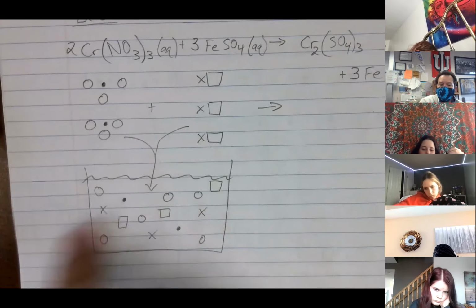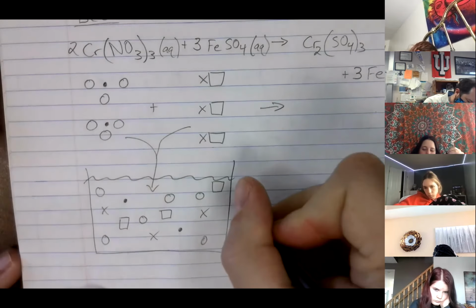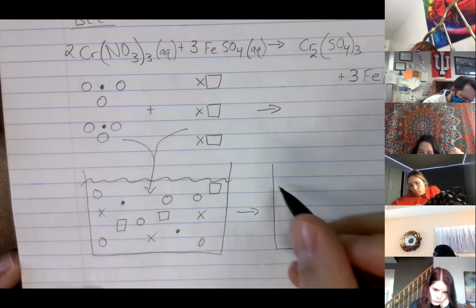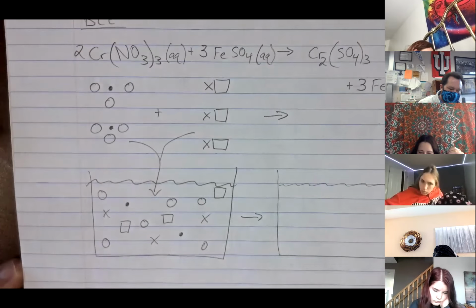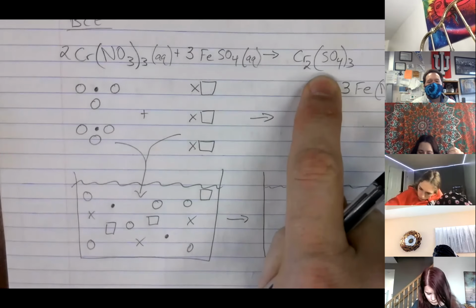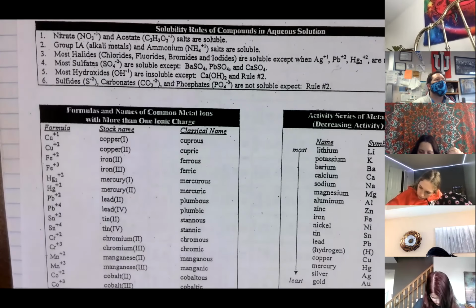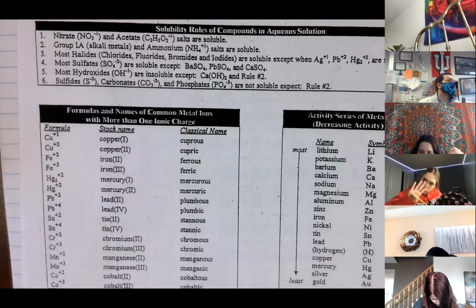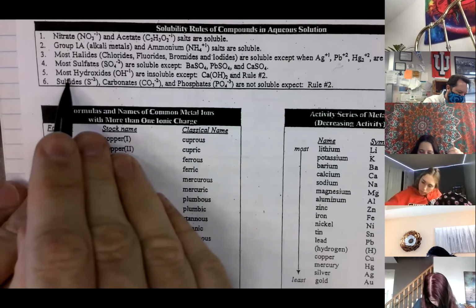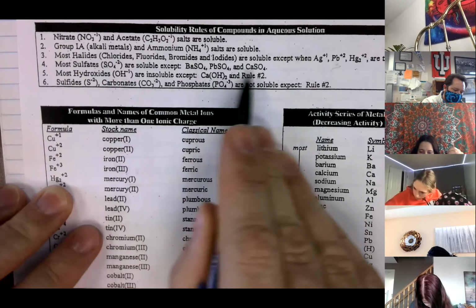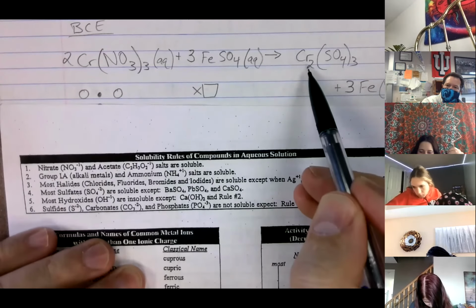All right, here's my pool full of ions. Let's see what they're going to form. Well, chromium sulfate. Okay, let's take a look at the rules. What rule did we just say for sulfates? Rule 4, sulfates are soluble. Couple of exceptions, barium, lead, calcium. We have chrome.